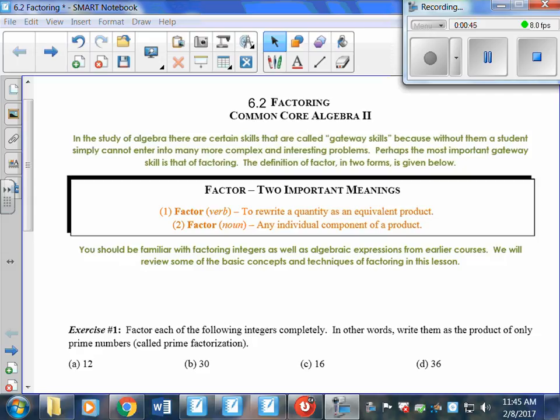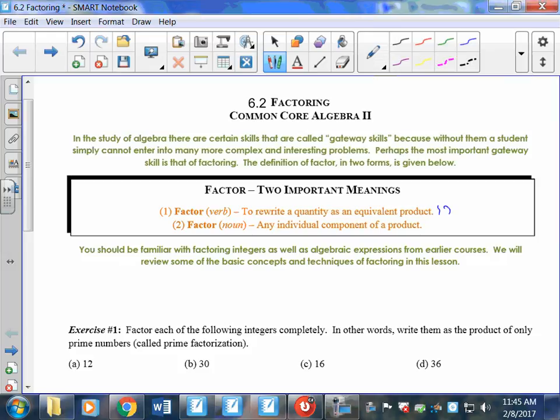All right, there's two important meanings to the word factor. There's the verb meaning to factor. So that means we're basically going to rewrite a quantity into its equivalent product. For example, if I consider the number 12, 12 is equal to 3 times 4. So to factor 12 into its factors 3 times 4. If you think about it as the noun, the 3 and the 4 are factors of a product, which is 12 in this case.